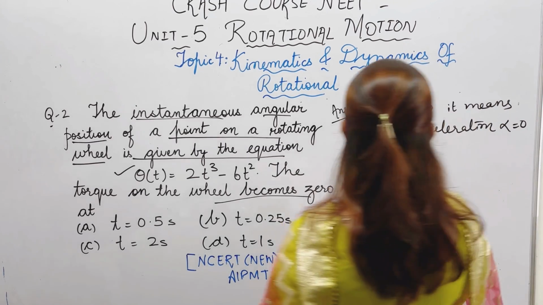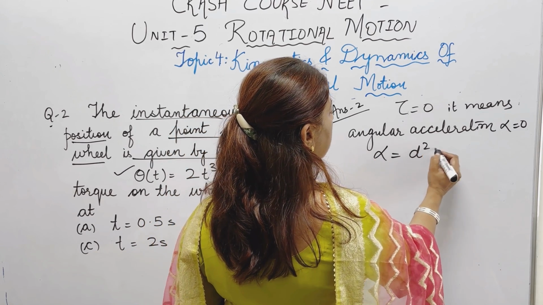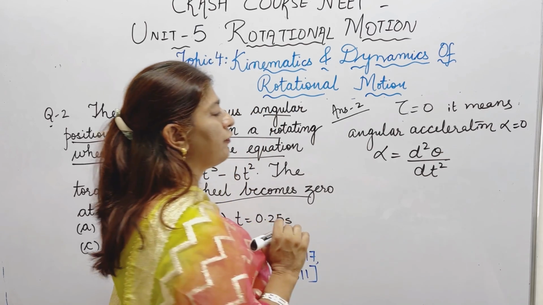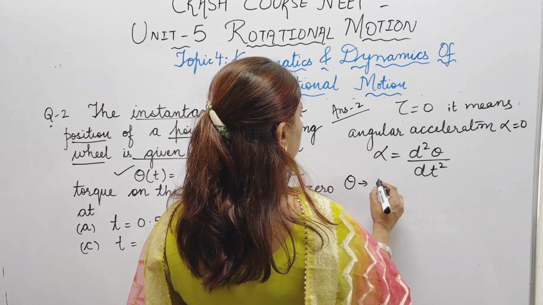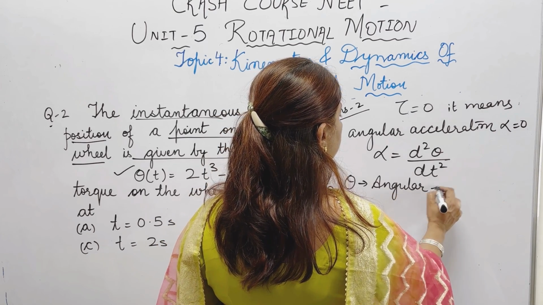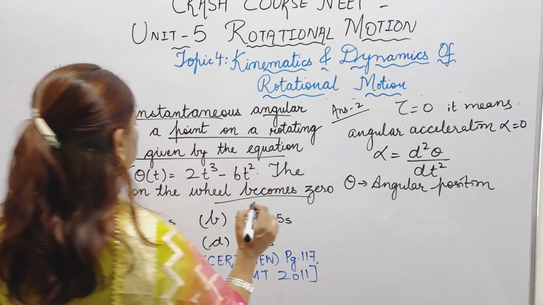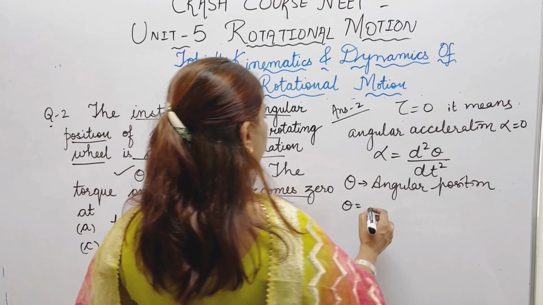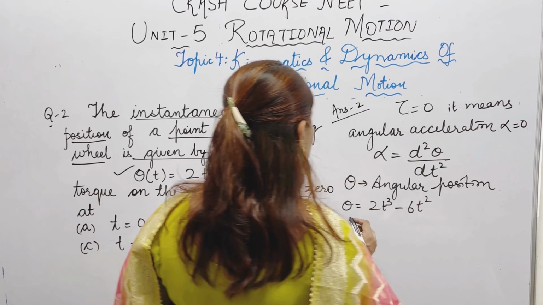Now, one more thing is there. The angular acceleration alpha is the second derivative of the position, where theta is the angular position. The value of theta is given to us: 2t cube minus 6t square.